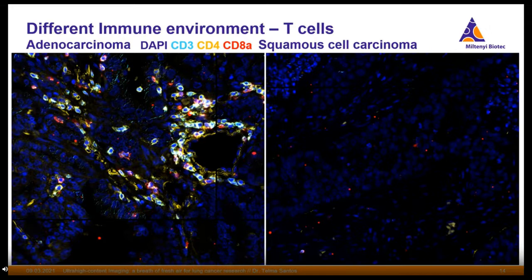Here we can see that the majority of the T cells in the adenocarcinoma are CD4, but we can see some CD8 positive cells. In the squamous cell carcinoma, though, we can see that there is barely any signal. We see some speckles, but I would not take this as positive cells. So I would say that this particular sample has no infiltration.